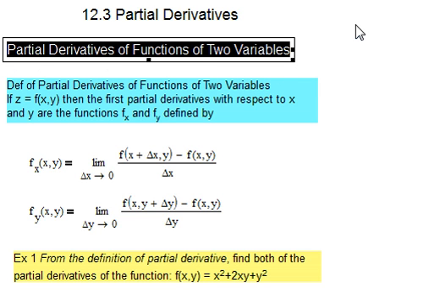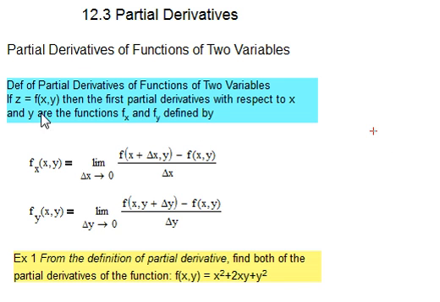You might recall we did a little bit of work with partial derivatives in the last video in the last section, so you'll be happy to know that we can use partial derivatives to analyze functions of two variables in a similar fashion. I knew you'd be happy to know that.